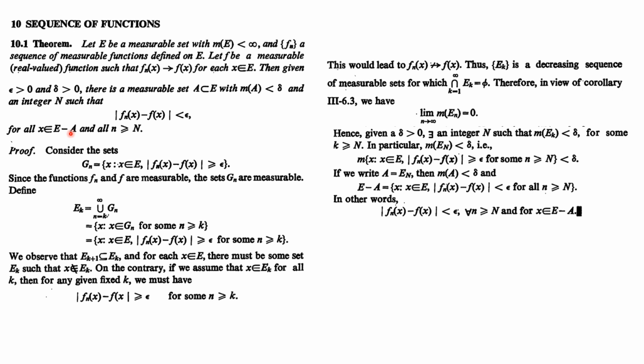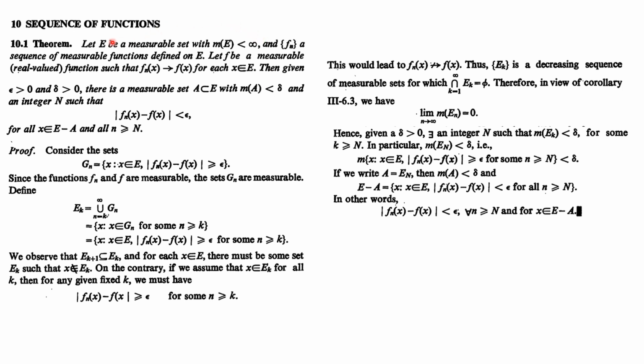Means at A, this sequence is not convergent simultaneously, uniformly. But over the set A, the measure is very small.